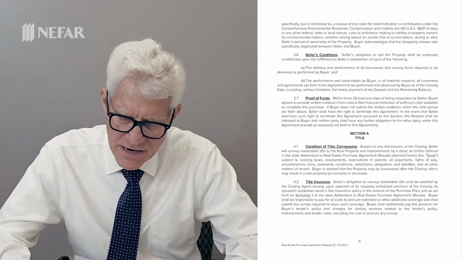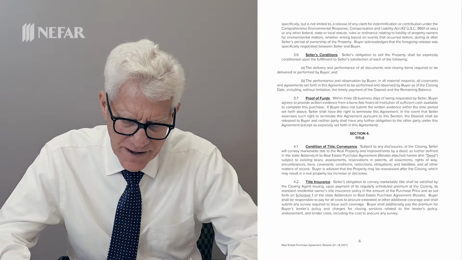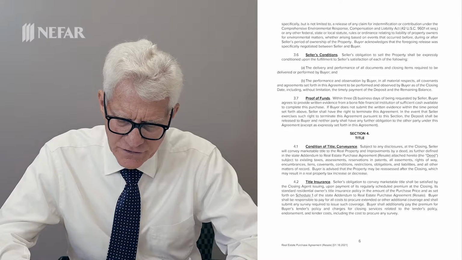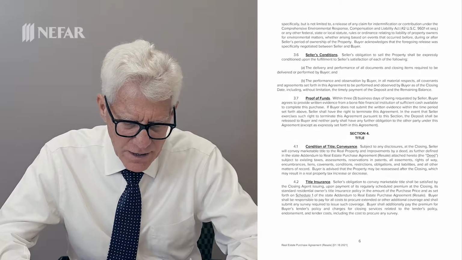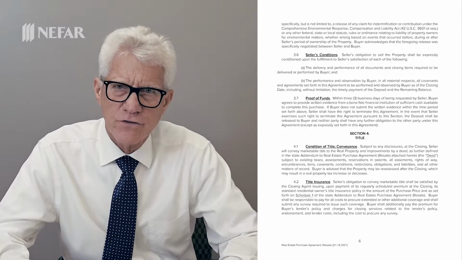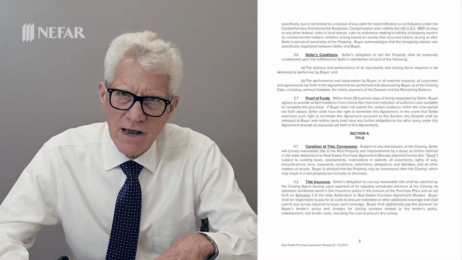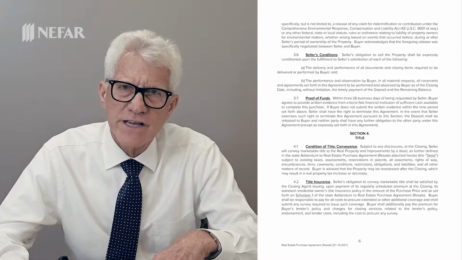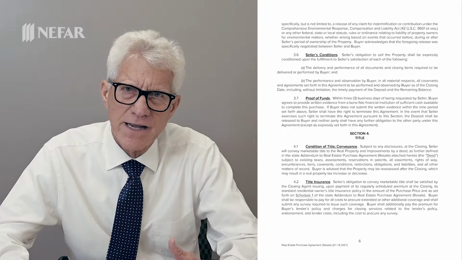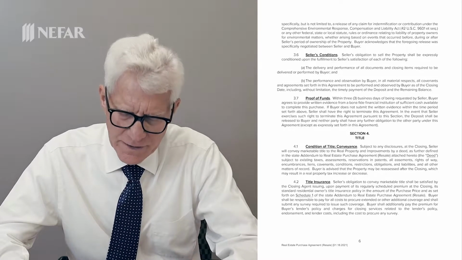It does say here that buyer is responsible to pay for costs to procure extended or other additional coverage on the owner's title insurance. So here, like ours, it says the seller, in this case Zillow, will pay for the owner's title insurance and the buyer would pay the simultaneous mortgage and endorsements.